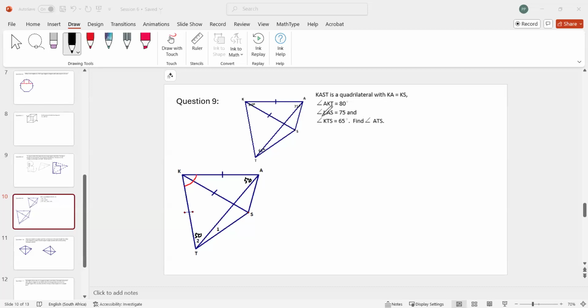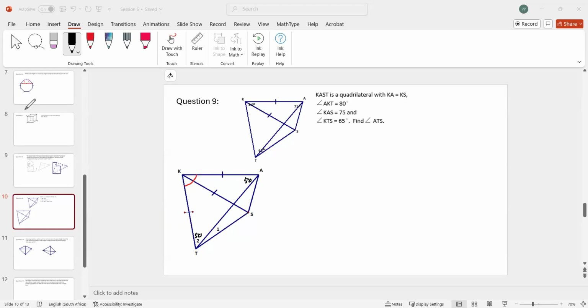Now, it's also given that KAS is 75 degrees. KAS. So this is 75 degrees. Oh, wait a minute.